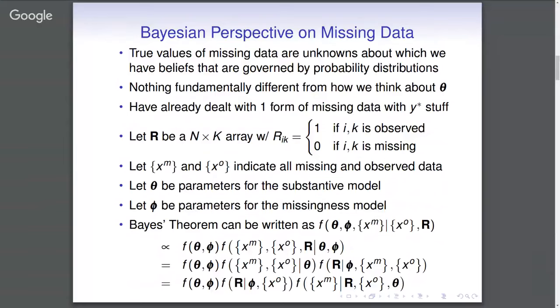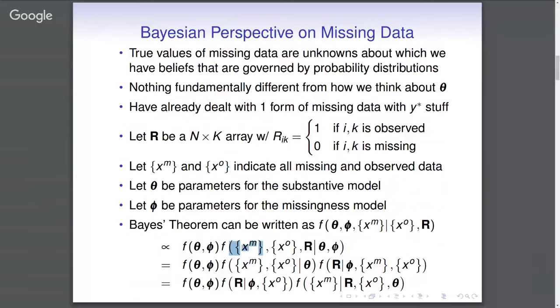And then we have what's known as the complete data likelihood. So the likelihood for x, xm and xo joined together, and R, so R is also observed, conditional on theta and phi. So even though xm is not observed, we're usually going to assume it's generated with the same data generating process as the observed values.